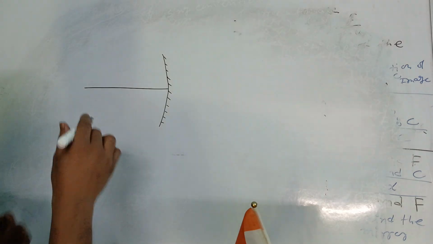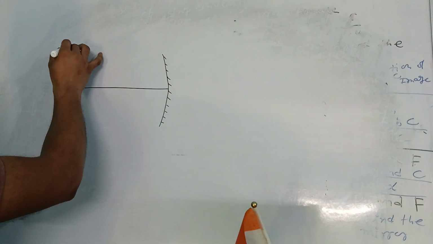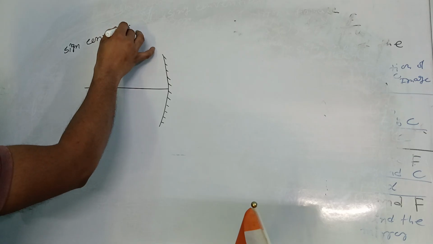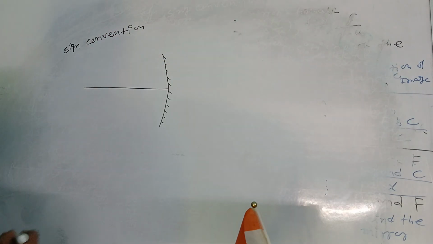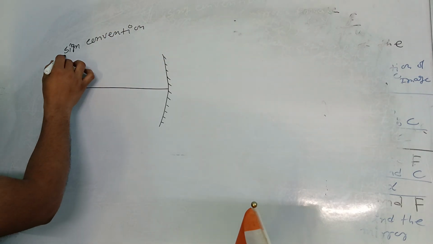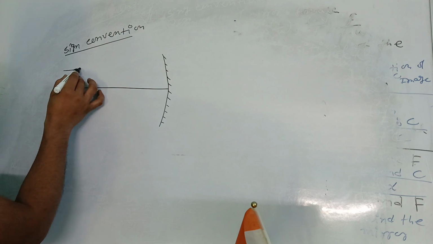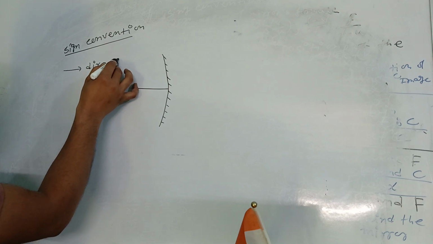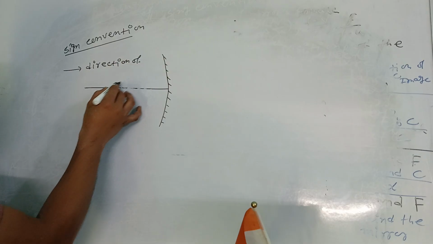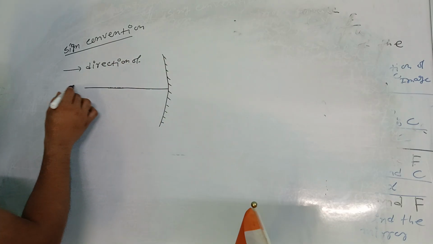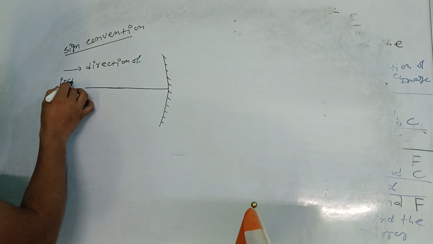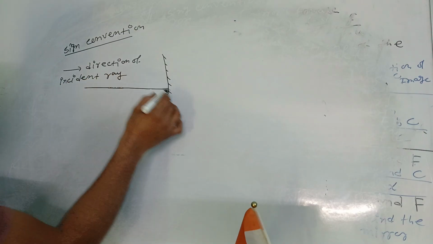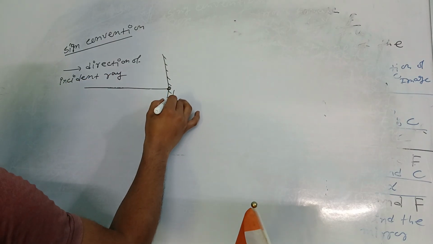Then, as a sign convention, once again: suppose I am taking the sign convention, this is the direction of the incident ray. This is the pole.